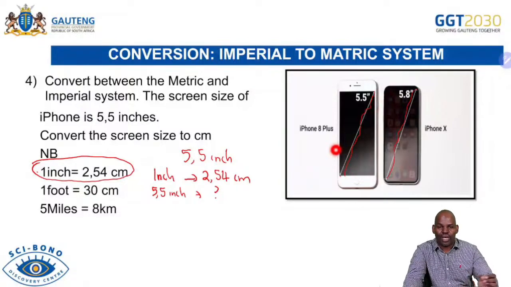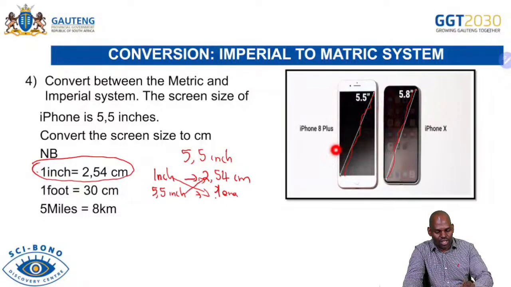You can indicate whatever letter. If we cross multiply, you will see that the length we are looking for is equal to 5.5 multiplied by 2.54.